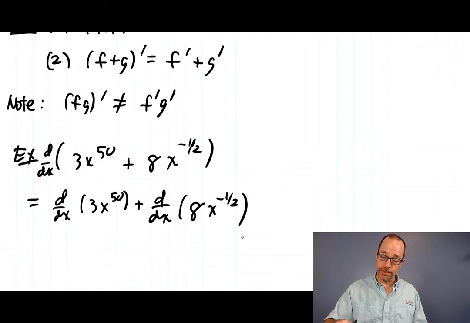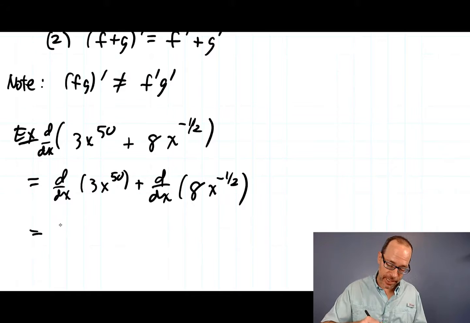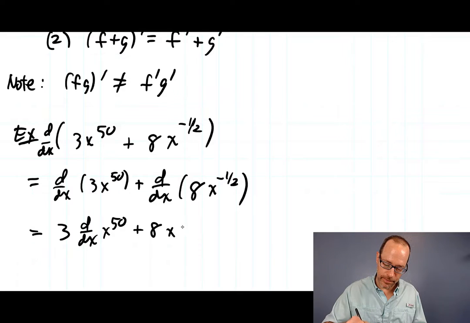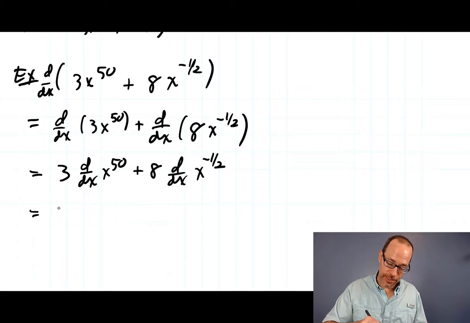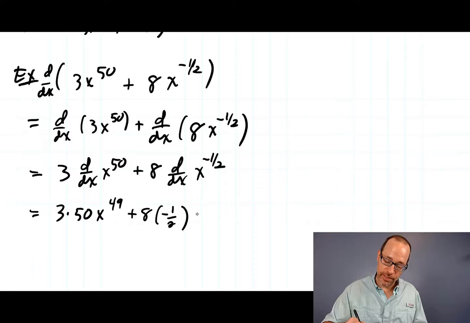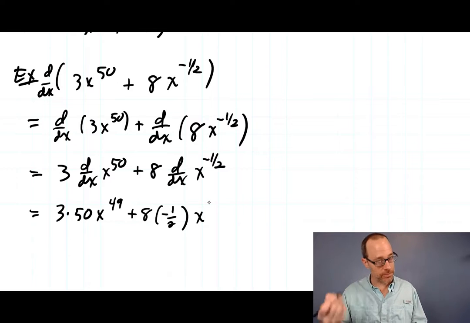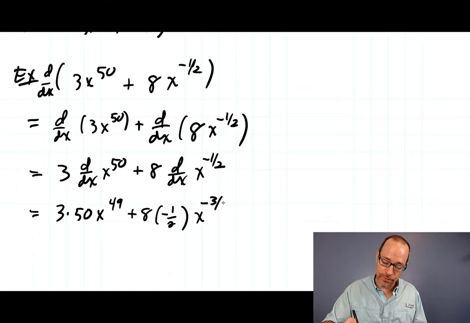So it splits up the sum, and next the constants pull out. And then finally, you take the derivative there using the power rule.